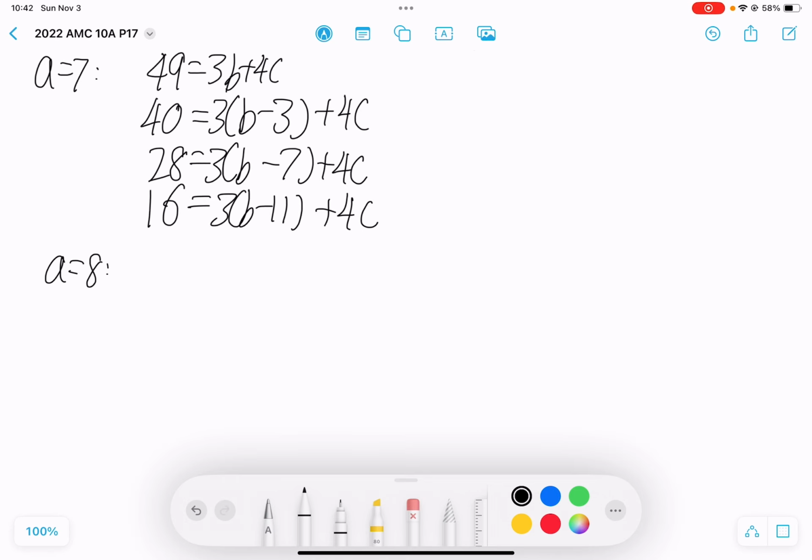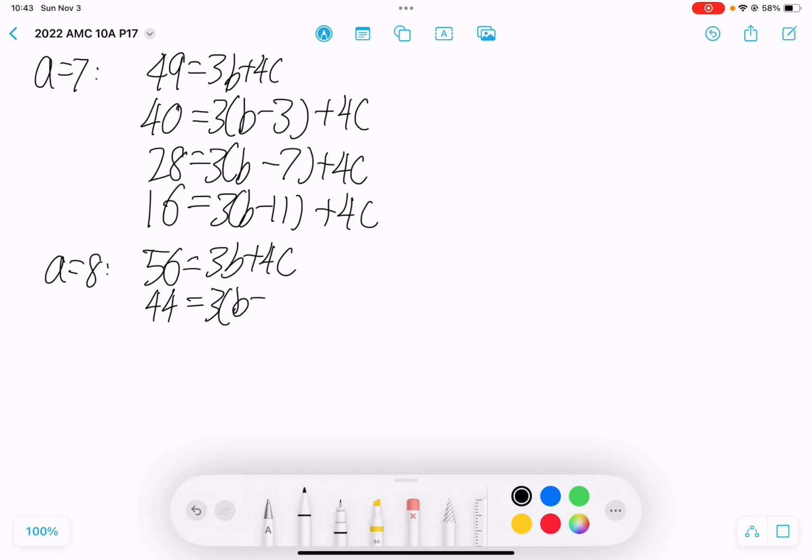We have 8 times 7, which is 56, equals 3b plus 4c. And for 56, 56 is a multiple of 4, but we know that b can't be 0, so we need to subtract 12 first. Subtracting 12, we have 44.